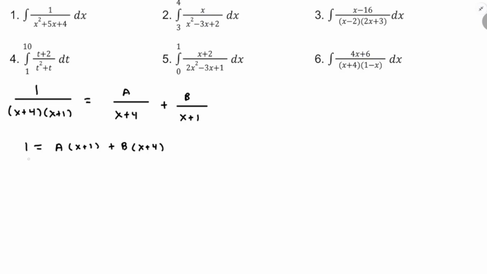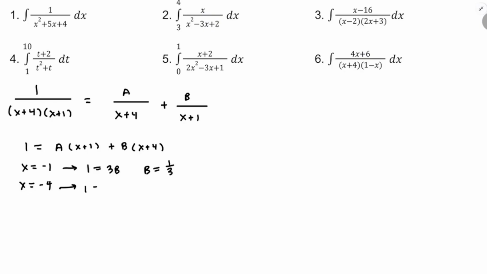I'm going to let x equal -1, and that's going to give me 1 equaling 0A plus 3B. So B is 1/3. Then I'm going to let x equal -4.